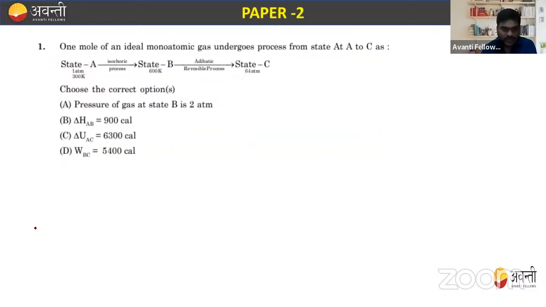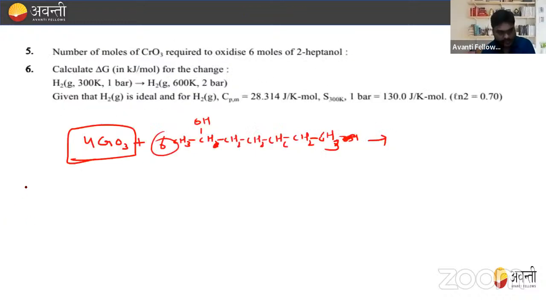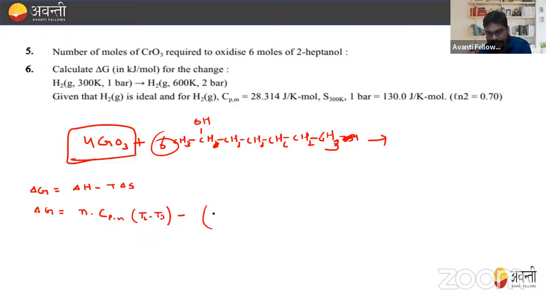So what we know, beta, is that delta G is equal to delta H minus T delta S, right? So delta G is equal to delta H minus T delta S. Now, we also know that at constant pressure and moles, delta G is equal to H2 minus H1 minus (T2 S2 minus T1 S1).